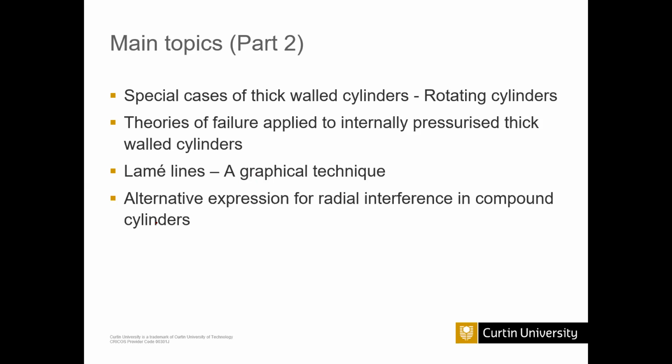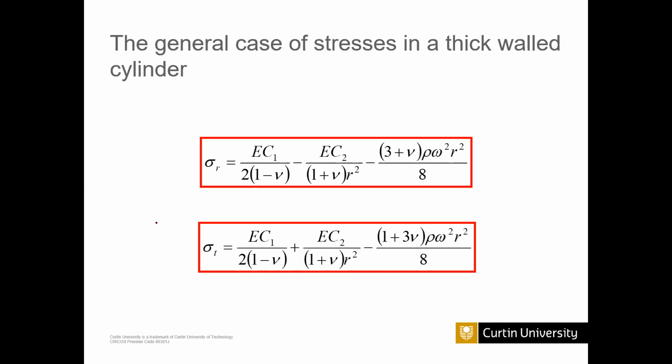Those are the parts we need to discuss in this second part. This is the general case. Earlier I showed there is an additional part with the omega, but at this level we don't know how to derive that part.